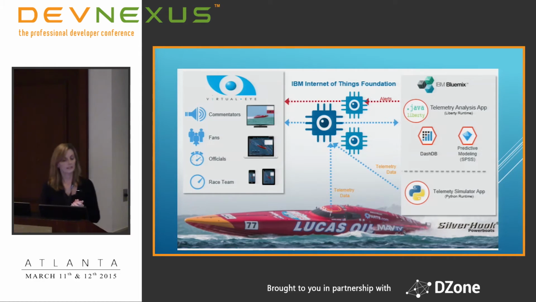They also created a real-time 3D rendering to enhance the fan and team experience, so people could view it on their phone and see a real-life boat on the ocean as it was going. They had real-time processing of the telemetry data to monitor the boat, and they logged all this information and the scores, generated alerts, and could also do a better post-race analysis of what had happened during the race.